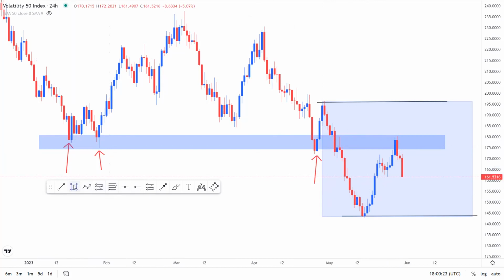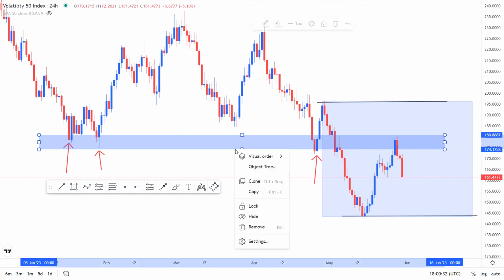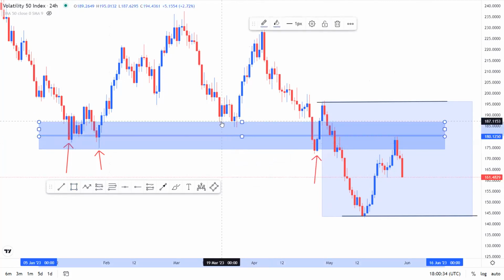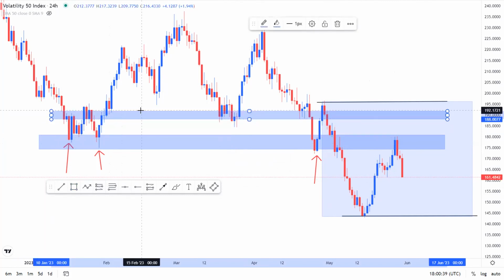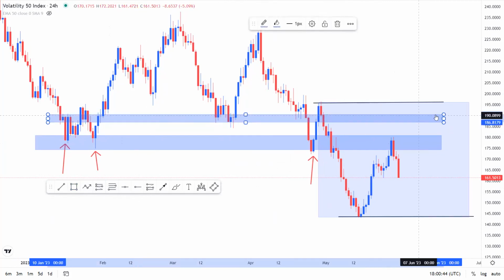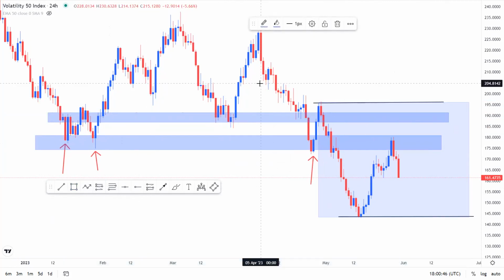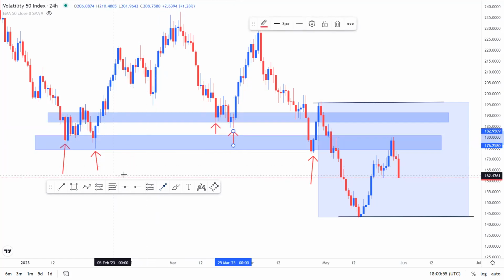If I want to go a step further, I'll box off this level also right here, considering the fact that we've had multiple touches from the level.